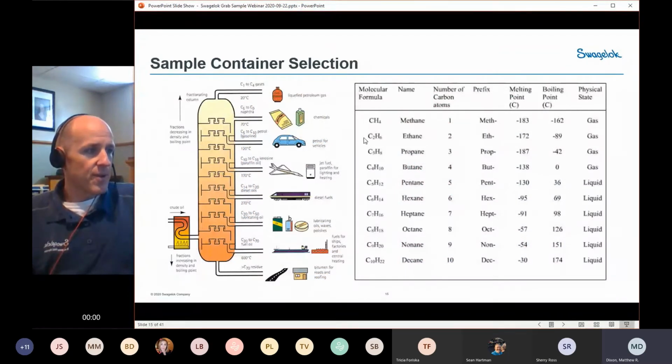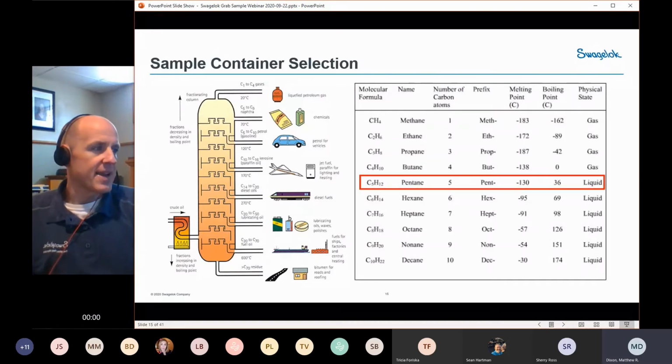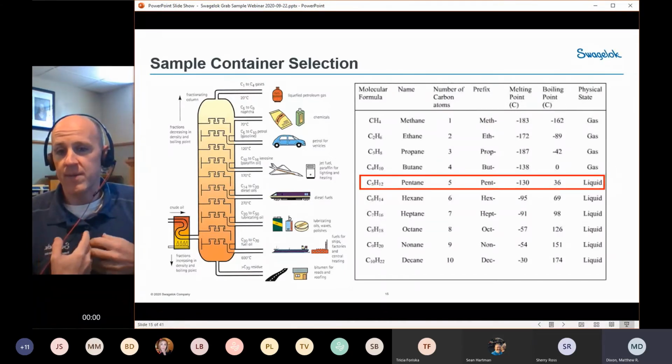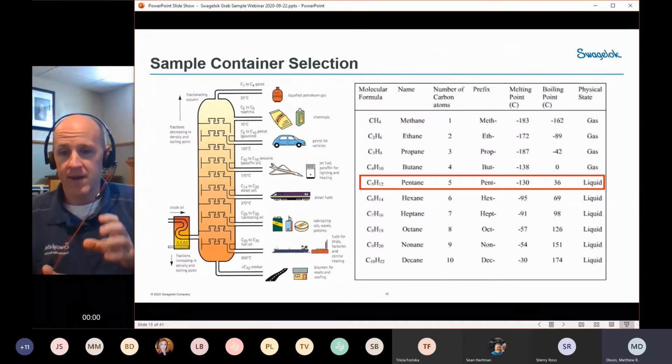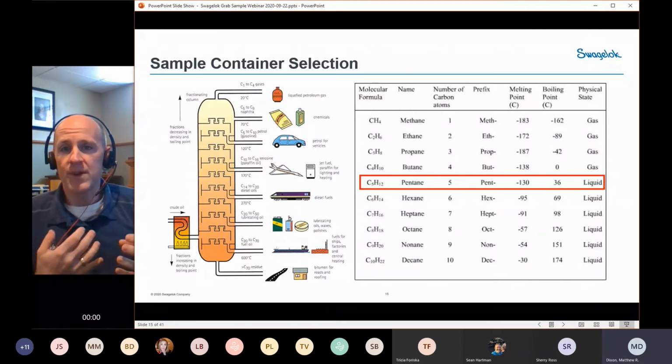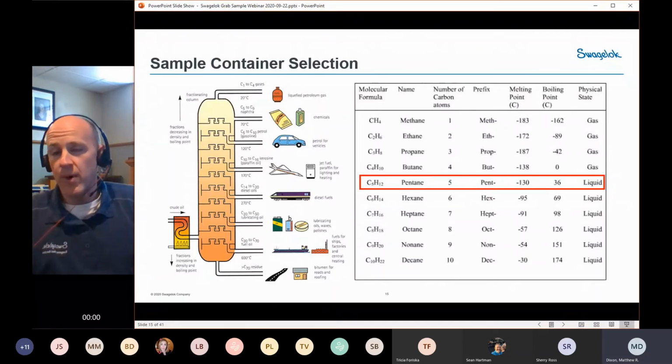So let's take a little bit closer look at that. So here, these are a number of different hydrocarbons that we might expect to see coming out of a distillation tower. So let's take a look at this pentane here. So pentane has a boiling point of 36C. Again, we're looking at the volatility of the sample. And so when we're talking about the volatility of the sample and whether or not we can use a glass bottle or a bottle to take a sample, in general, what we're looking at is the boiling point.